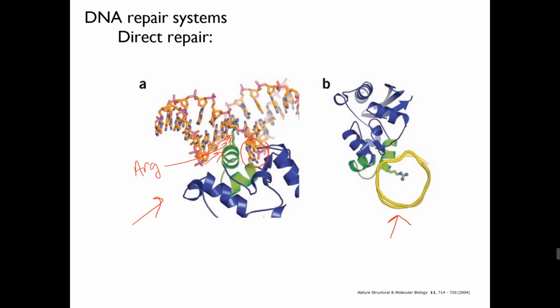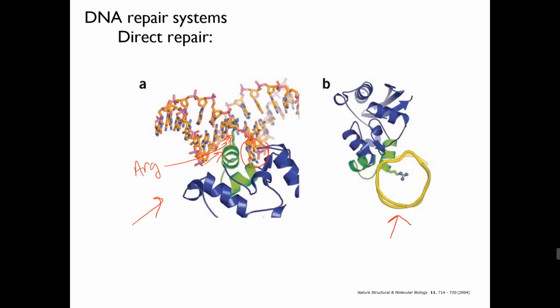So in addition to causing the damaged base to flip out, the positioning of the arginine is such that it's stuck in the middle of the helix now, and also forms hydrogen bonds with the C residue that the damaged G used to be hydrogen bonded to.